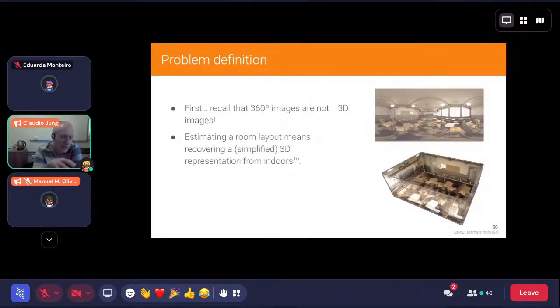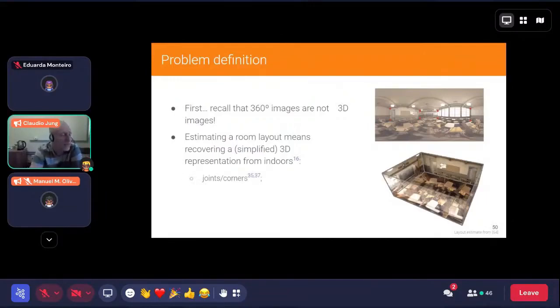When we talk about layout estimation, we are typically talking about indoor captures, and more than that, structured environments. Many papers and applications related to layout estimation are related to virtual tours of houses and real estate agencies. The idea is that you can get into a room, take a single capture with a spherical camera, and then recover basically the walls, the ceilings, and the floor, and generate a 3D view of the environment.